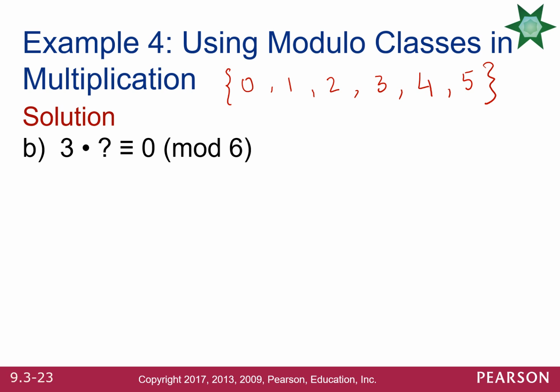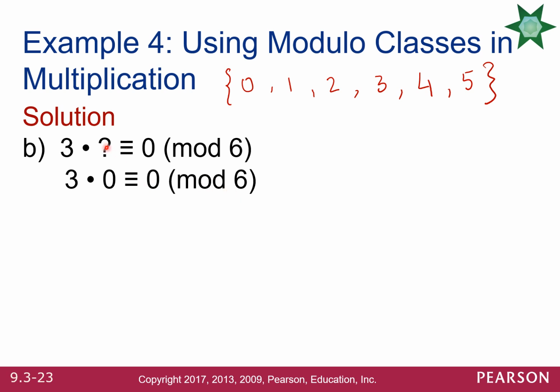So let's go through each trial. We will start by replacing the question mark with a 0 and checking if that will satisfy this expression or not. So 3 times 0 is congruent to 0 mod 6. 3 times 0 is 0, and 0 divided by 6 has a remainder of 0. So yes, this satisfies this expression.